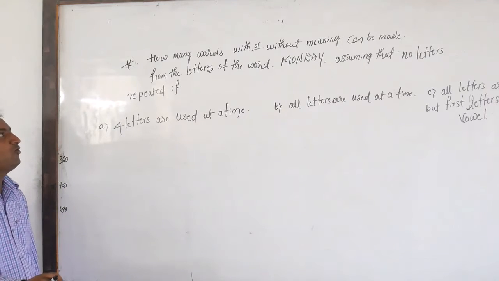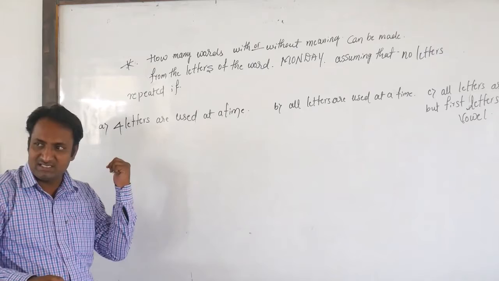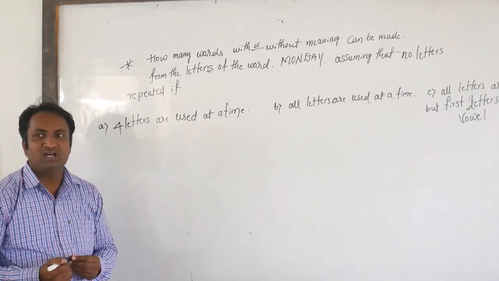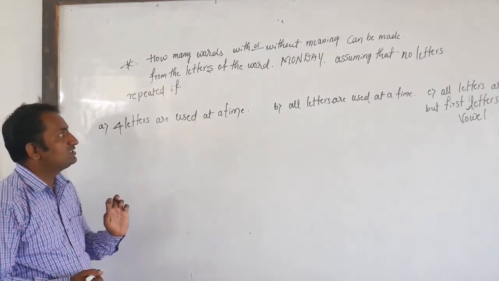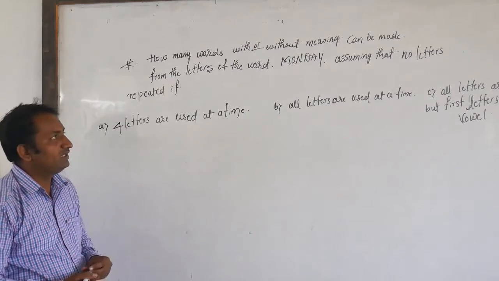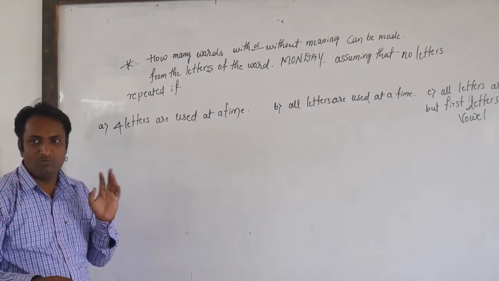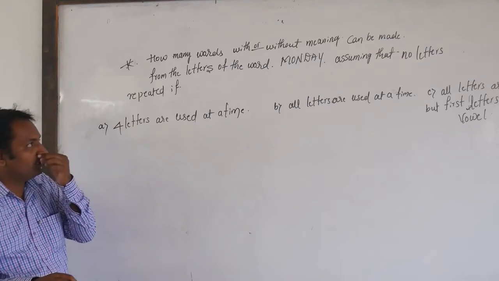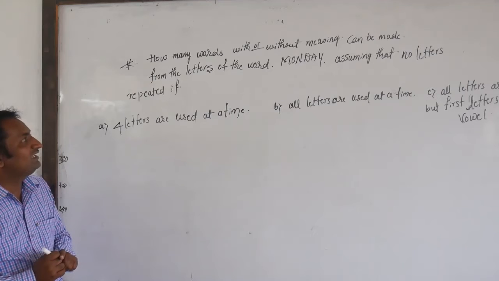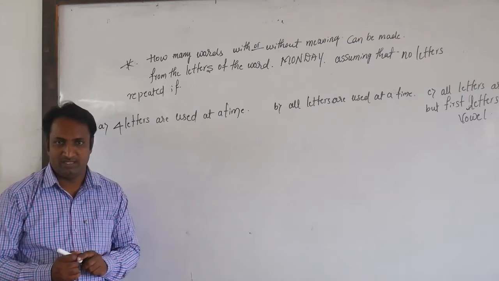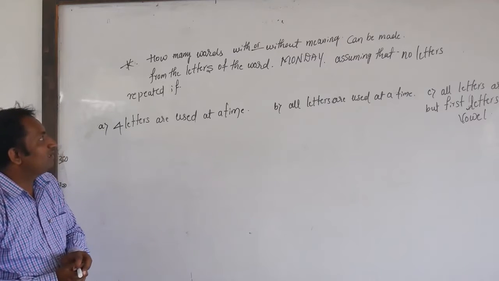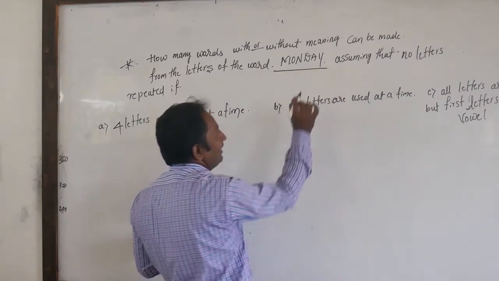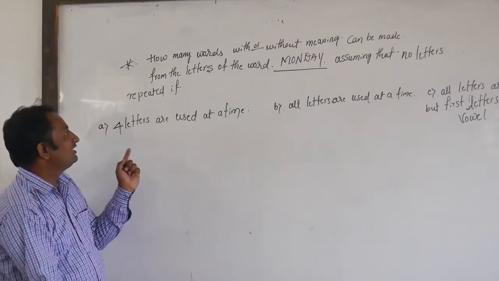On the basis of that, we consider another important problem: how many words with or without meaning can be made from the letters of the word MONDAY, assuming that no letters are repeated?